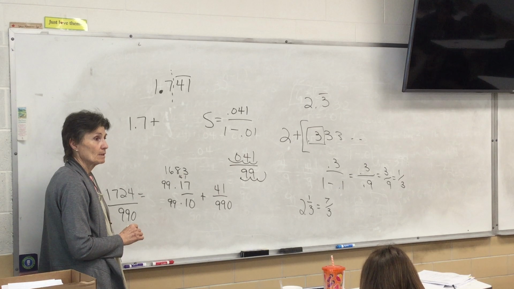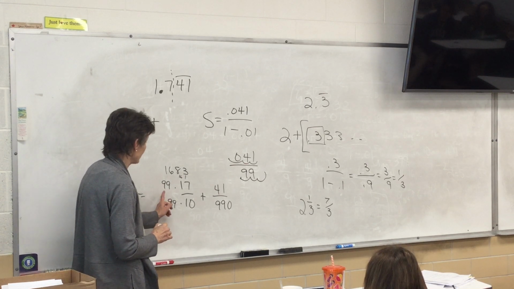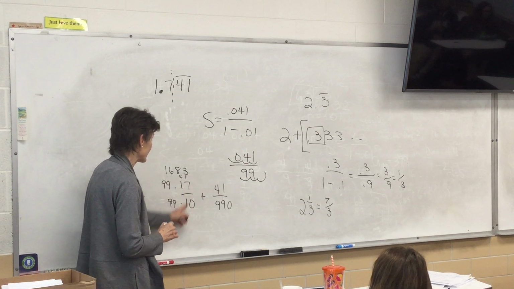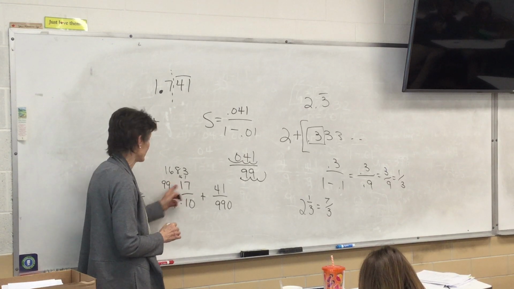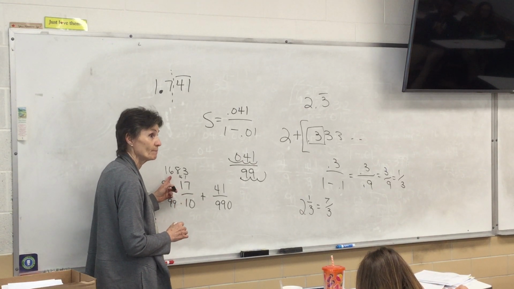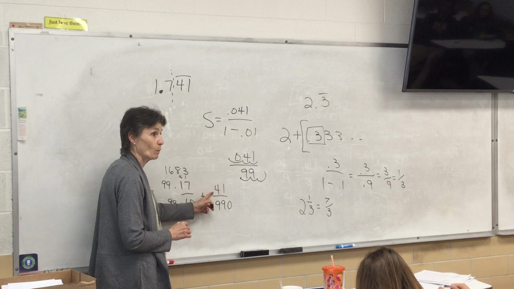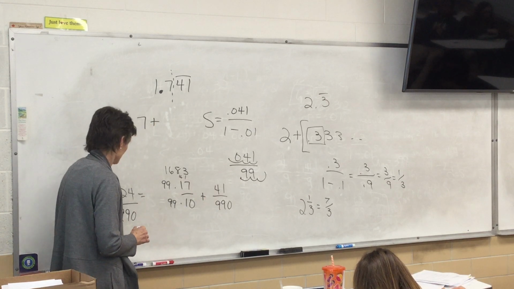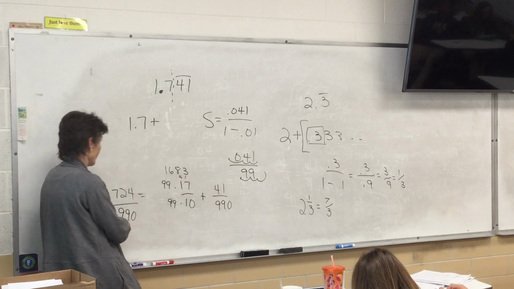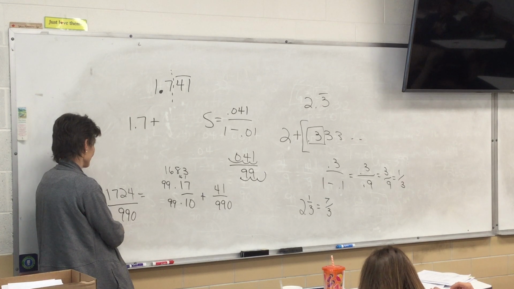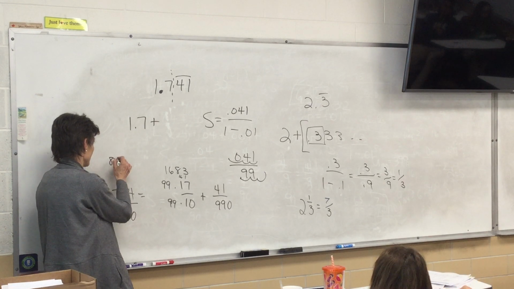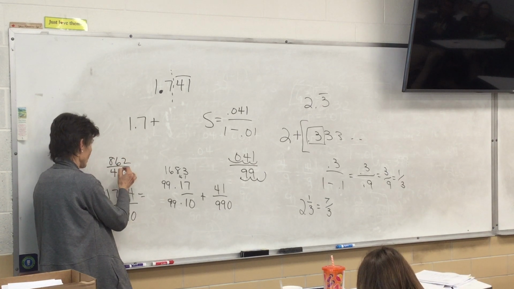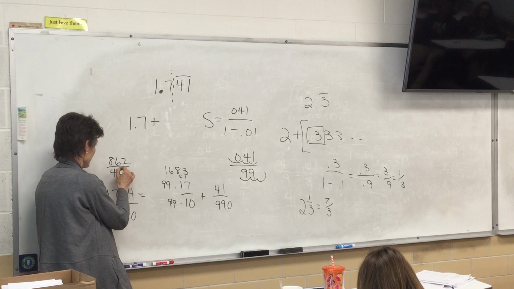What did you say that? I multiplied these two, I didn't get the common denominator, so I multiplied these two, I got 1683. But then I have to add it to the 41. That is divisible by 2. 862 over 495.